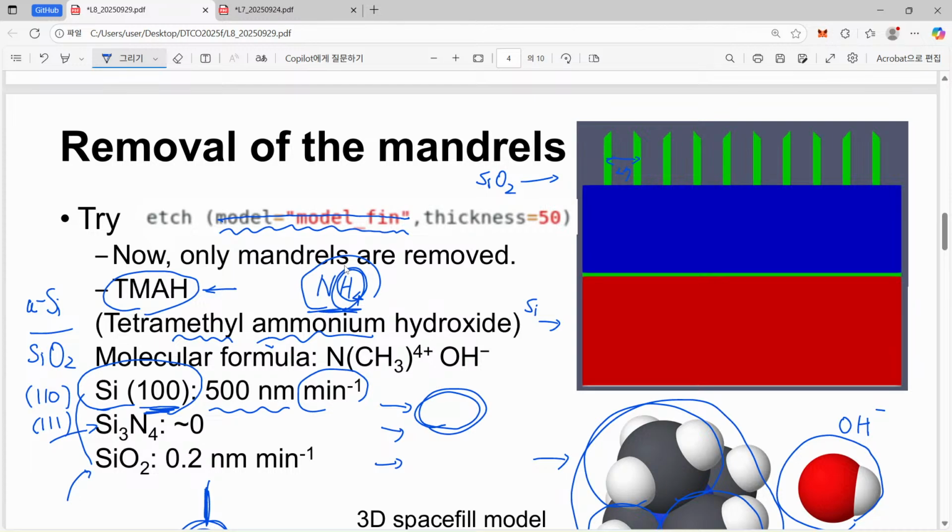We cannot make a simple block stacking to make this fin formation, because what we can do is only work on the surface from the top of our wafer.